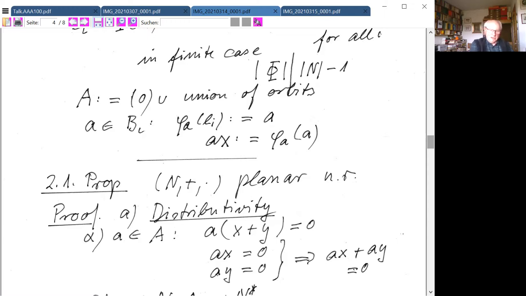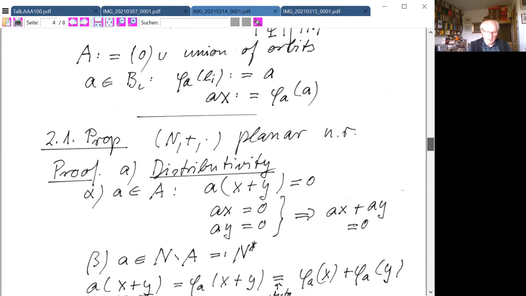If a is in capital A, then a x will be 0. And we will show that this yields a planar near-ring (N, +, ·).